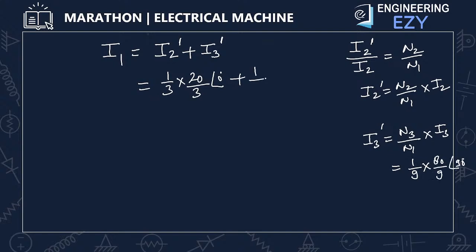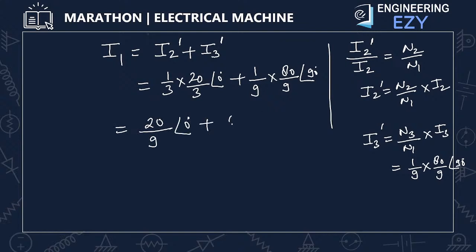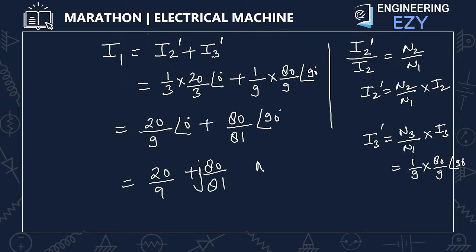If you solve, you get 20 by 9 angle 0 degree plus 80 by 81 angle 90 degree. So it is 20 by 9 plus 80 by 81 j, because angle 90 can be written as j. That is the answer.